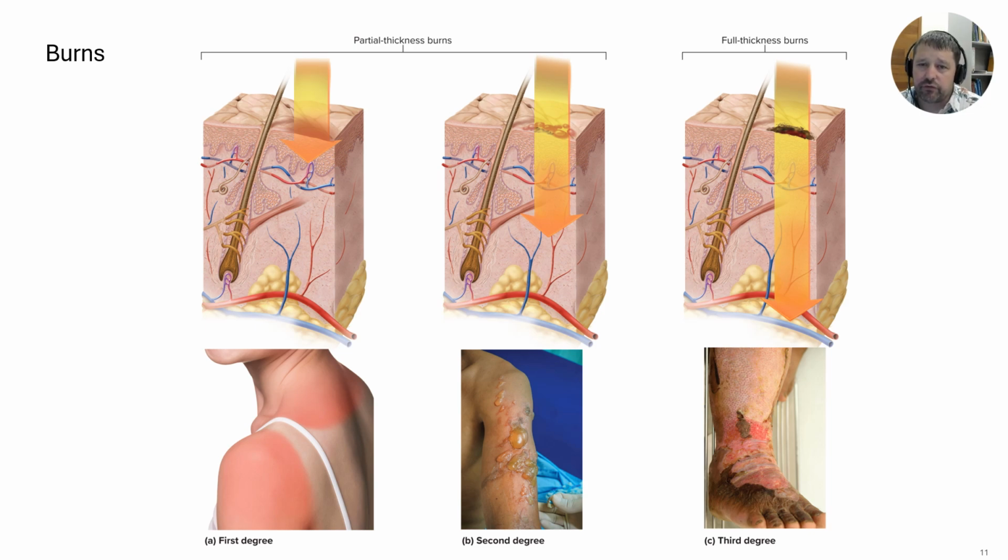Your second degree is going all the way through the epidermis into the dermis, but not all the way through the dermis, and often will result in blisters because a lot of the liquid that's in this region will rise to the surface.